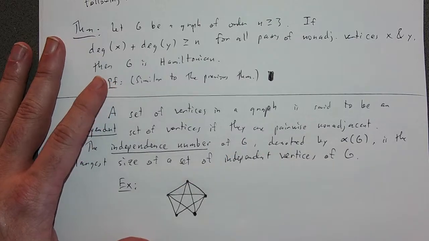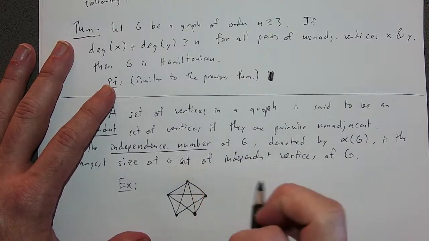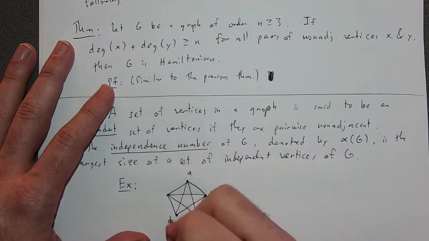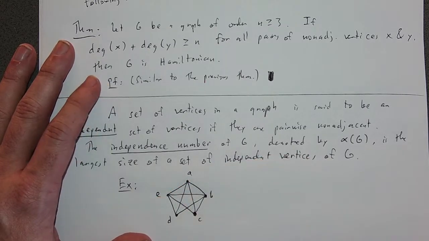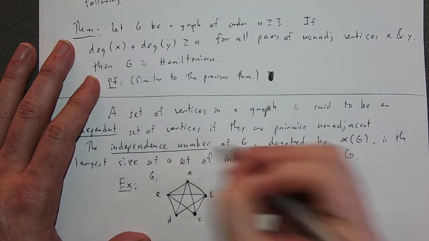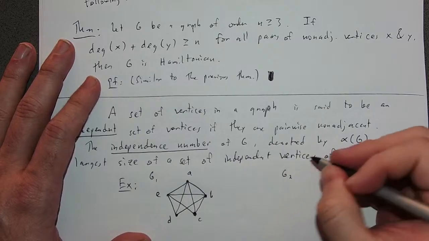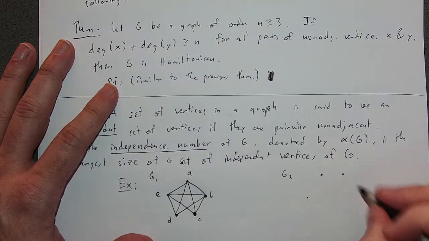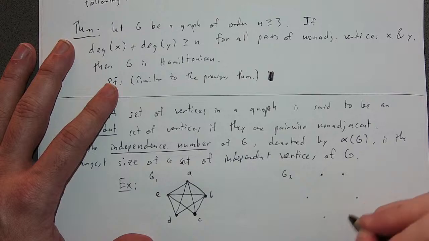There we go. And we'll label these going clockwise here, A, B, C, D, E. Call this graph G1. G2 is the cycle on 6 vertices.